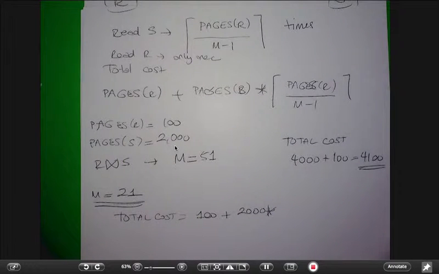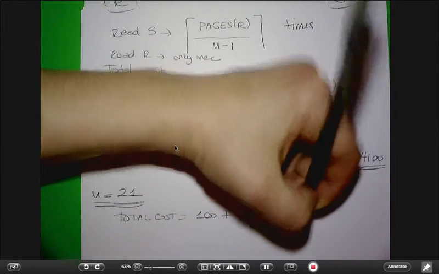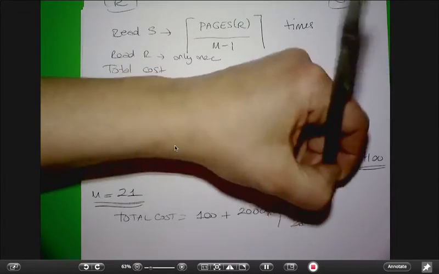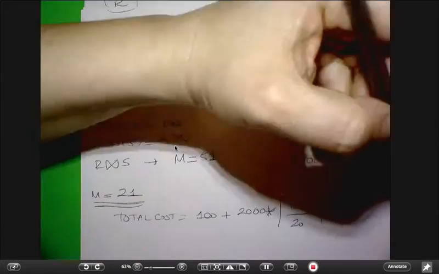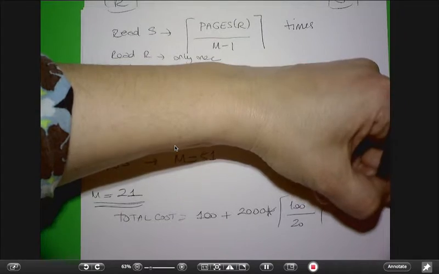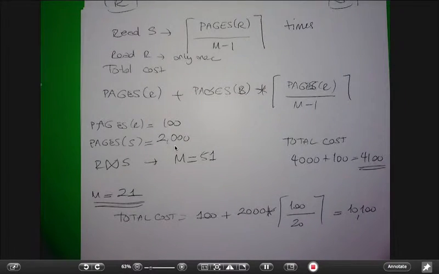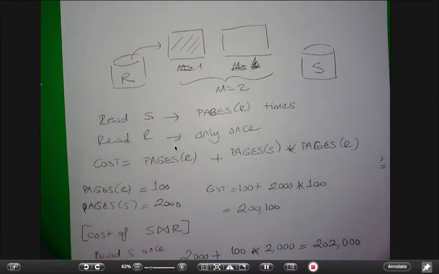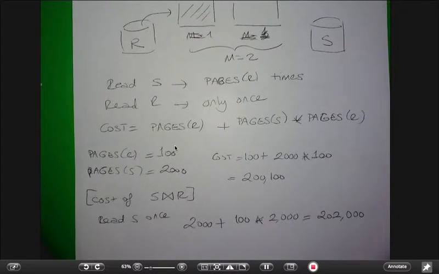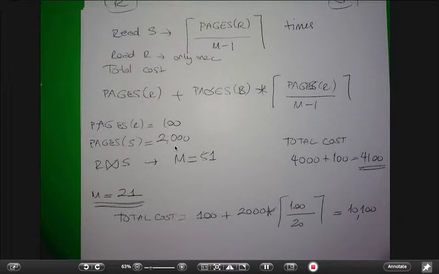Now I have to read S how many times? 5. So you have 100 divided by 20, right? So now this becomes 10,100, right? So you see, it does scale quite a bit. We started at 200,000. By using just a few disk pages, I'm able to get a significant cost reduction, right?